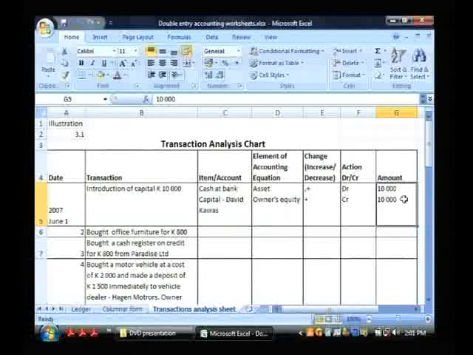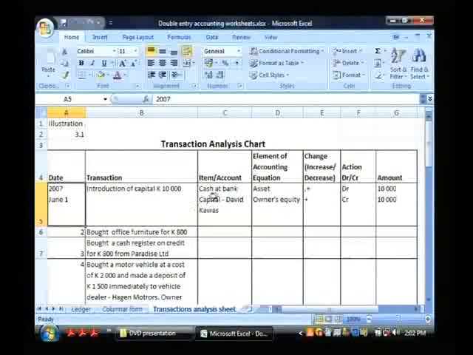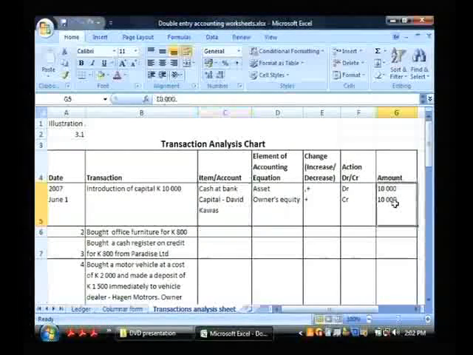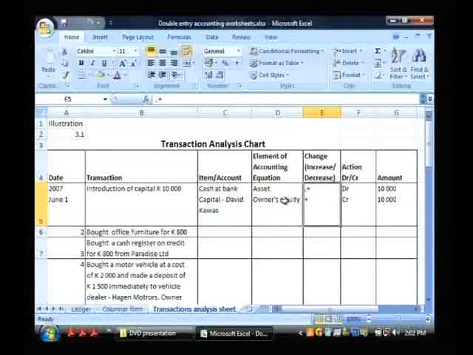So this is the entry in the transaction analysis chart to record the introduction of capital by the owner. Cash increased by 10,000, and it should be debited because it is an asset. Increases of assets are debited, and the capital account is credited by 10,000. Why? Because owner's equity increased, and an increase of owner's equity is credited.